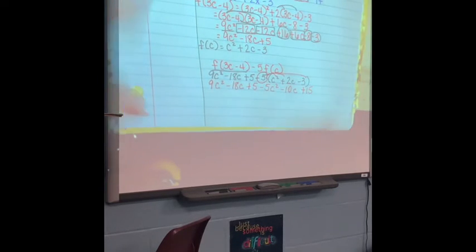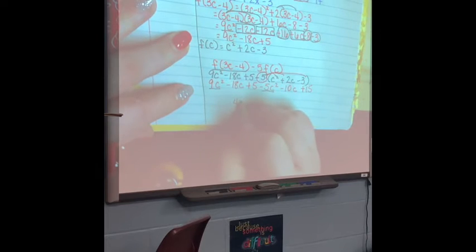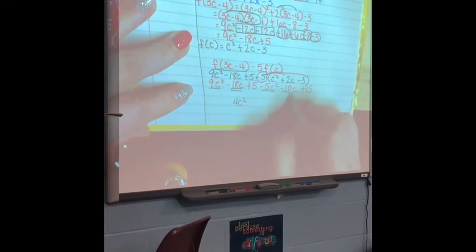And last step would be to do what? Combine like terms. So I have 9c squared minus 5c squared, which is 4c squared, negative 18c and negative 10c make negative 28c, and 5 and 15 make 20.